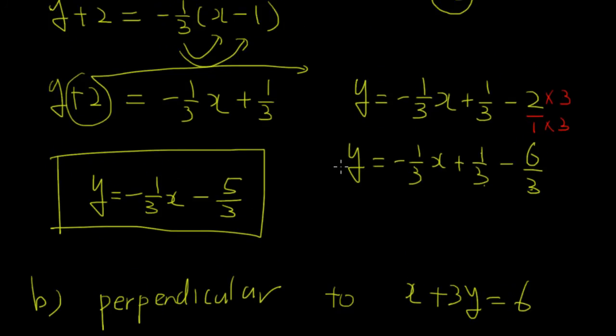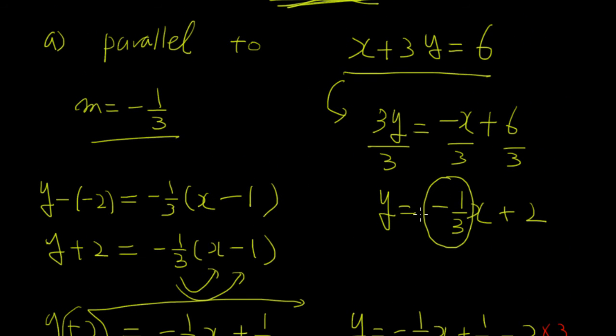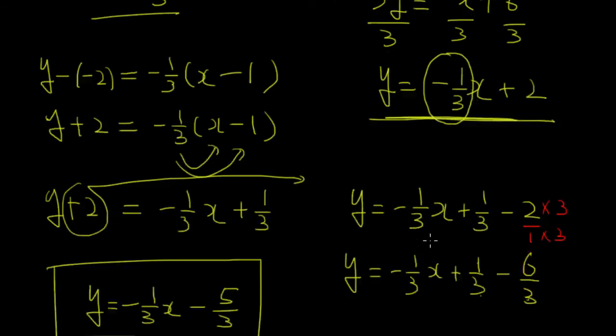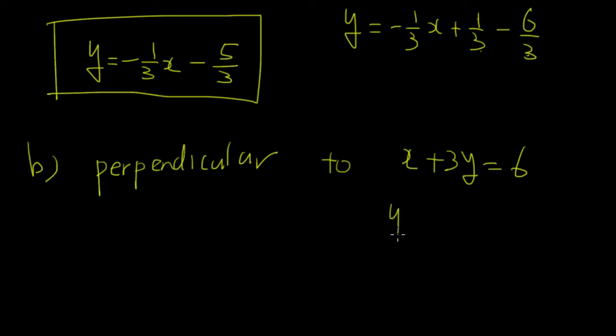Now, from the previous case, we know that this equation changed to this, right? y equal negative 1/3 x plus 2. M is this.